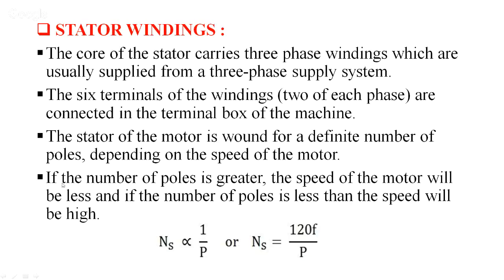If the number of poles is greater, the speed of the motor will be less. And if the number of poles is less, then the speed will be high. So based on the application, the choice will be made for the number of poles.